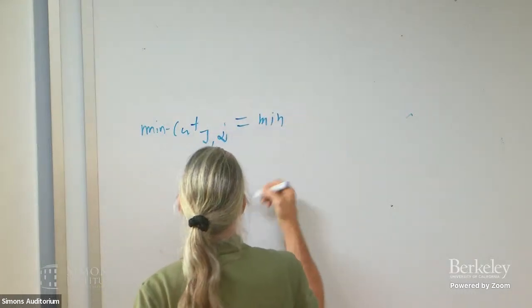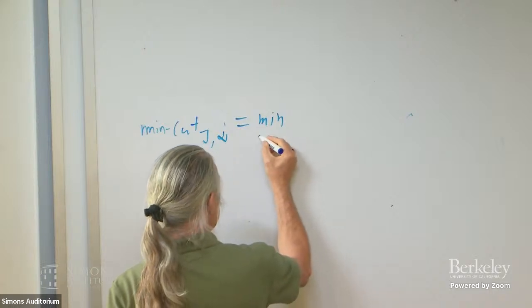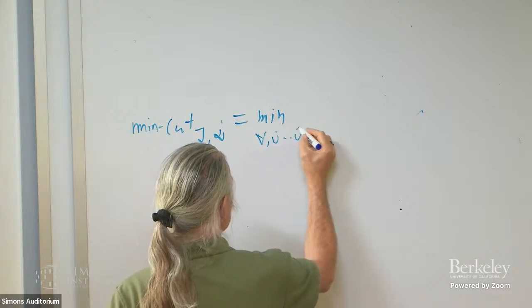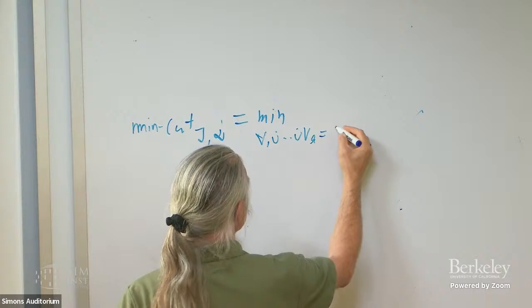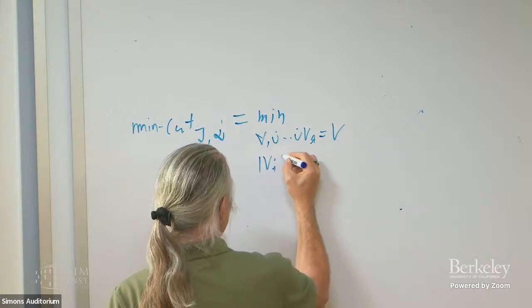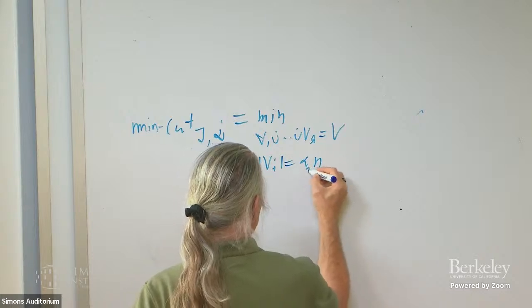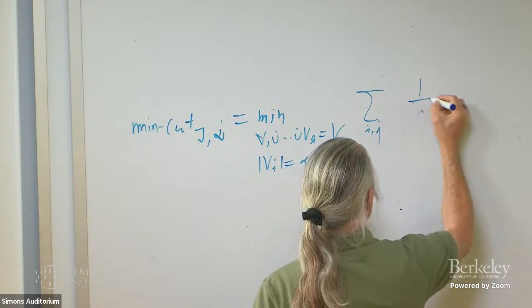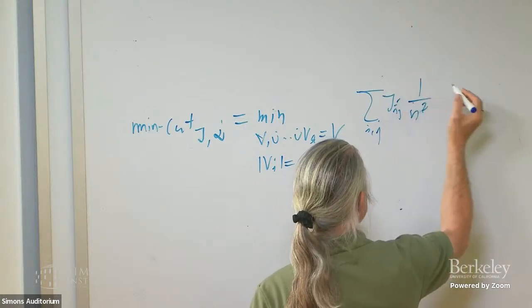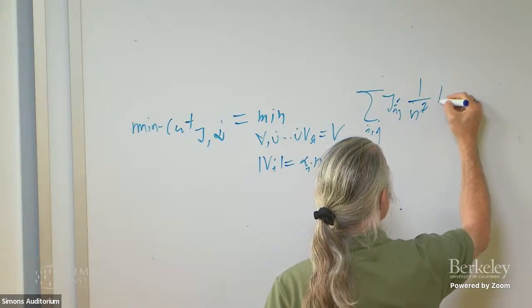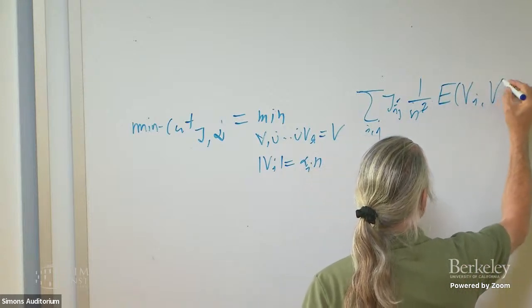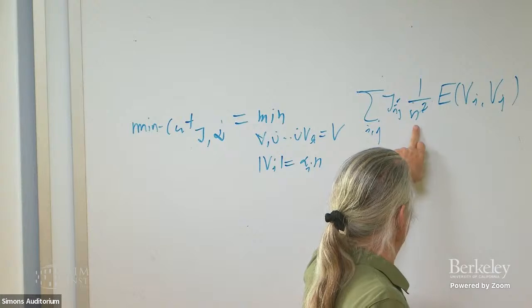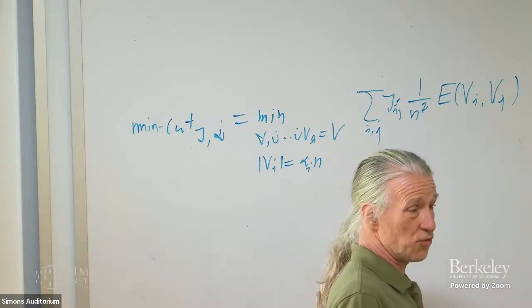So this was the minimum over all partitions V1, disjoint union, up to Vk, with sizes alpha_i times n, of the sum over i and j of the number of edges between V_i and V_j, times 1 over n squared. So you see in these min cuts, I divide by n squared, not by the size of the groups.